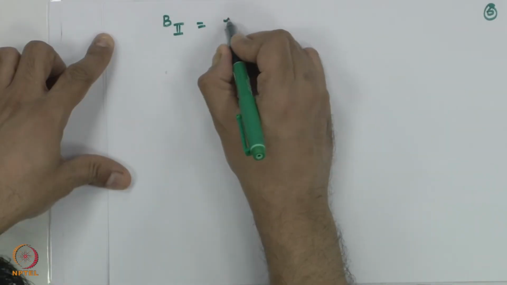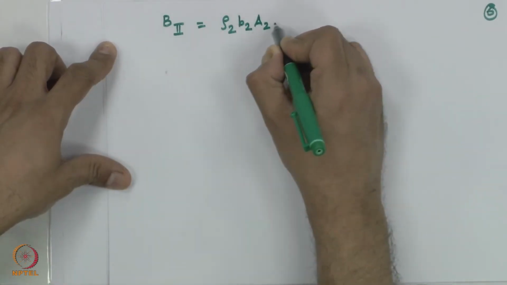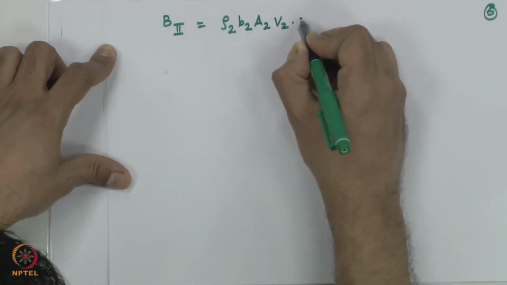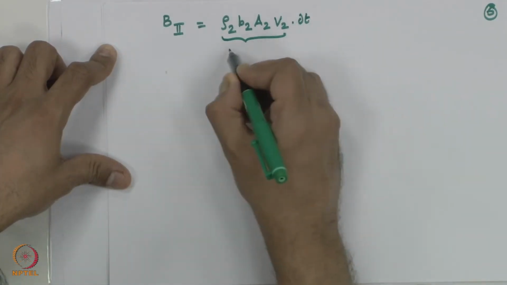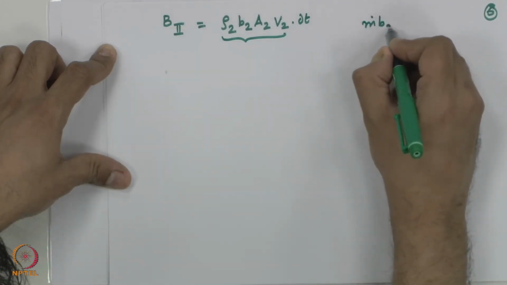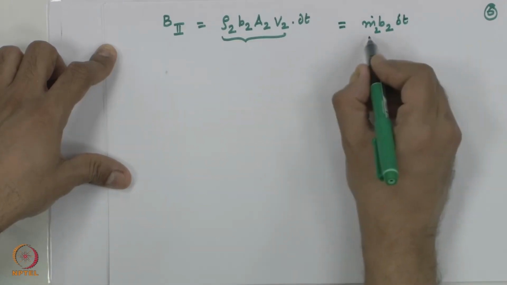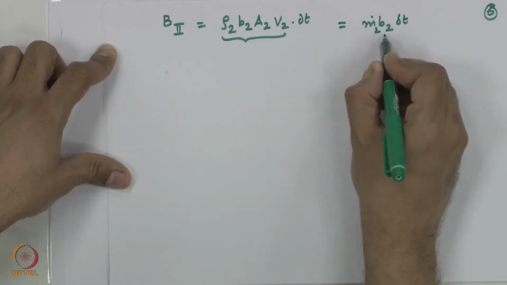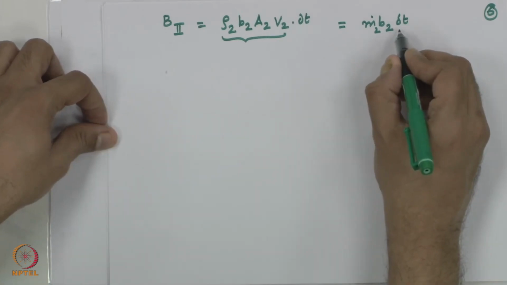So this quantity B2 can be written as rho 2 A2 V2 b2 into delta t. This is what? m dot 2 b2 delta t: mass flow times the intensive property over that time.